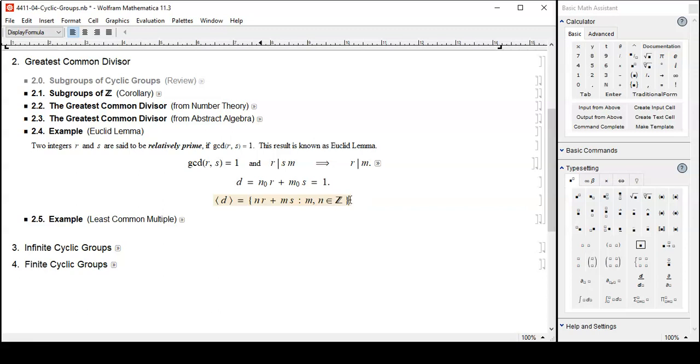So D belongs to this set. So certain integers N and M exist so that D is NR plus MS. Those integers are named N0 and M0 respectively. So using that, can we prove this?